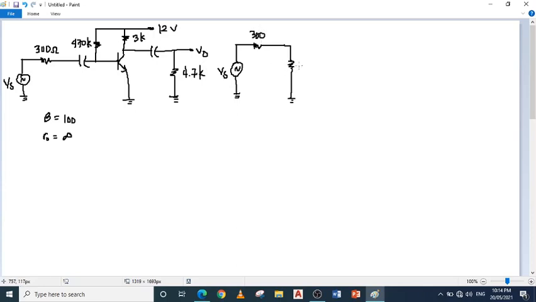This is another C, 470 kilo. Then we have beta RE here, and this is our IB.